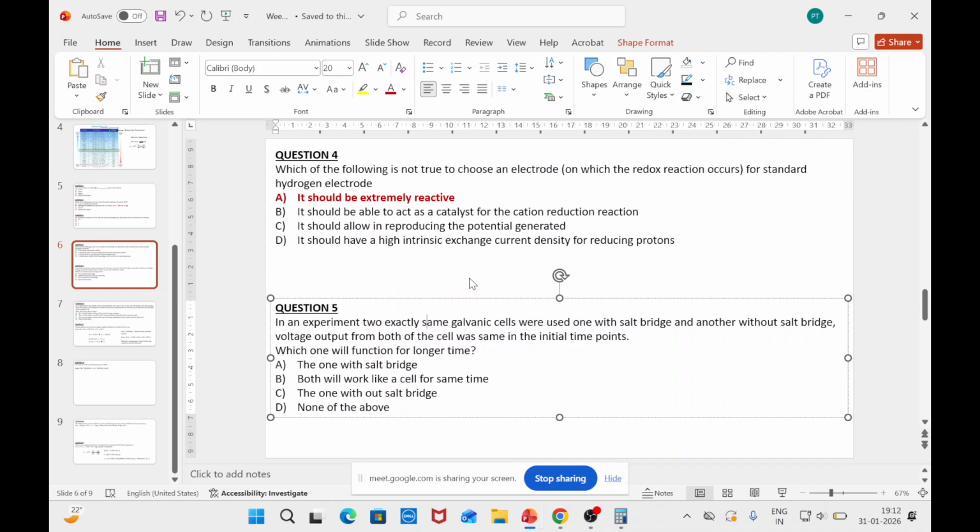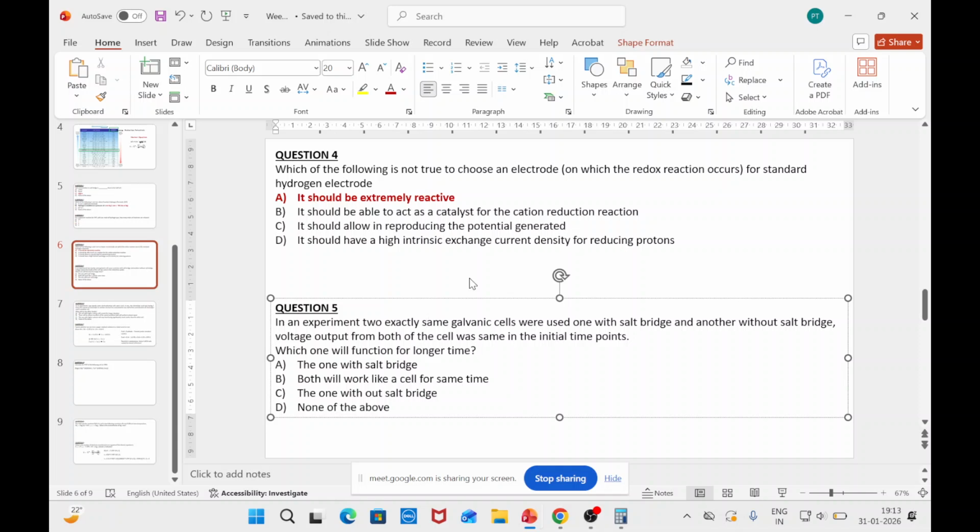Then the next question, a simple one, the fifth one. In an experiment, two exactly same galvanic cells, same operating conditions, similar standards were used. One has a salt bridge and the other is without the salt bridge.